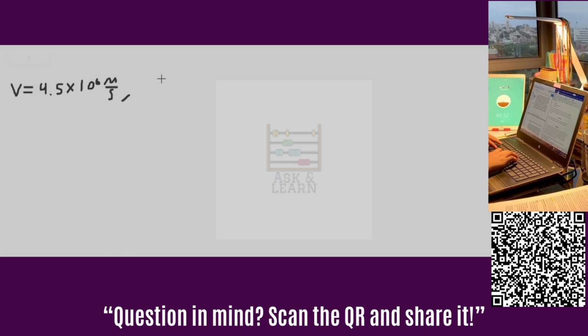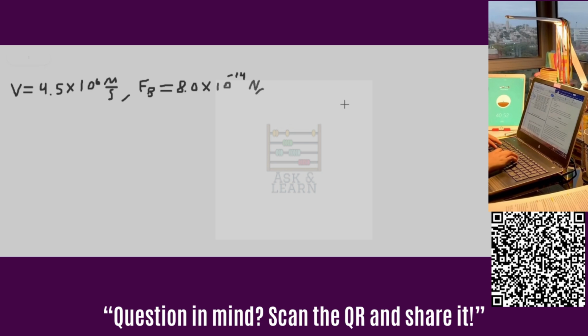We are given the force produced by the magnetic field, so I'll abbreviate that F sub B. That is equal to 8.0 times 10 to the minus 14th. Now our force, as usual, is in newtons.